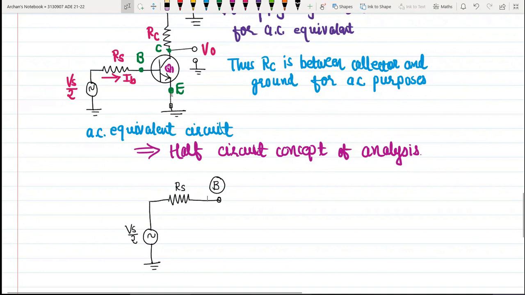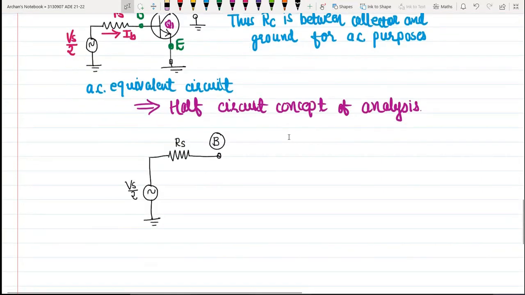Now in between base and emitter, what will we have? We will have one parameter known as HIE. First I will draw the emitter terminal over here, which is already grounded, right? So this is our emitter terminal, and in between this emitter terminal and base terminal, I will have one parameter which is HIE.